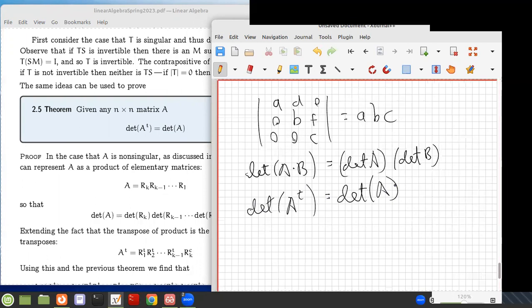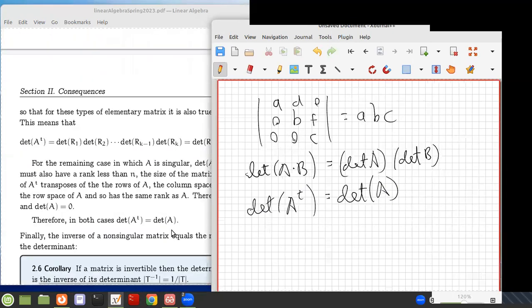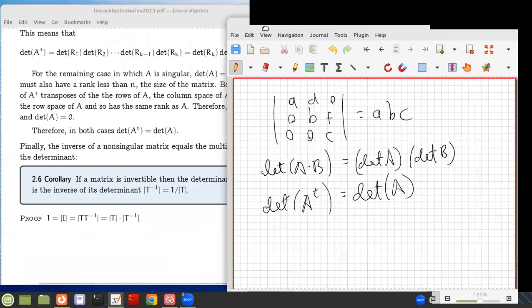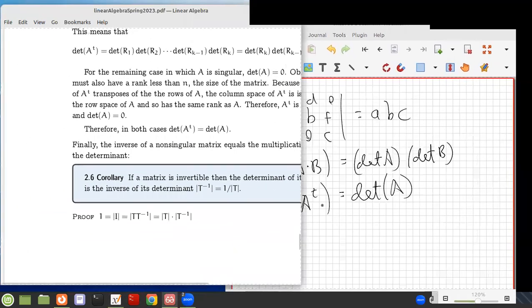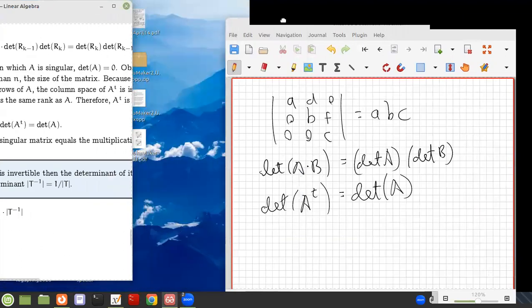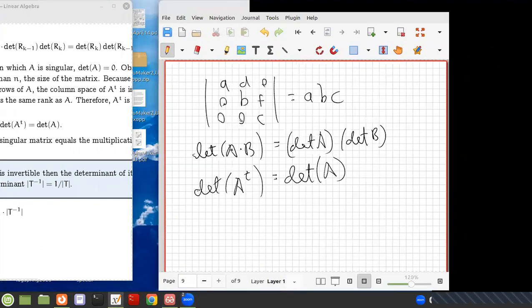And this product property leads to the following nice situation.